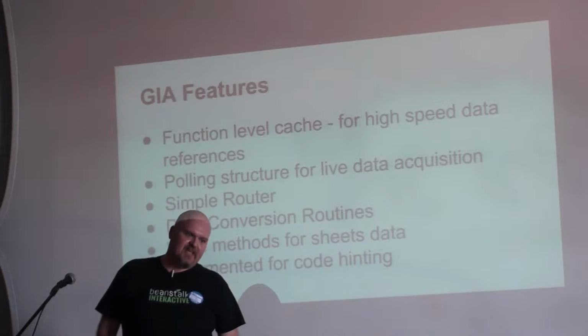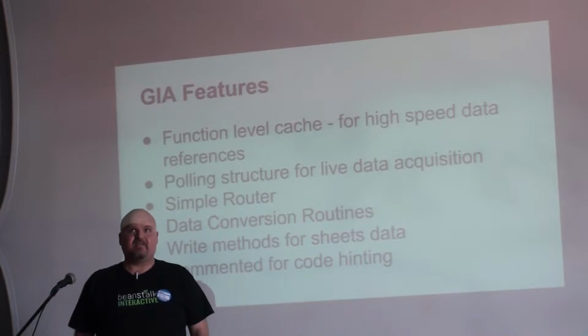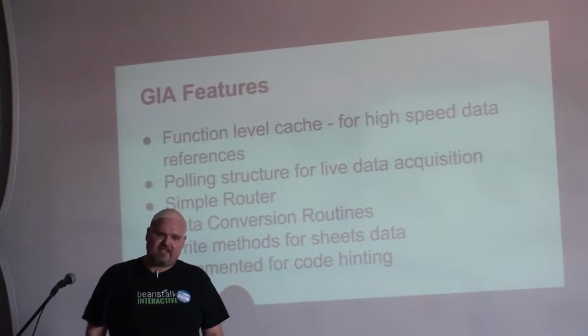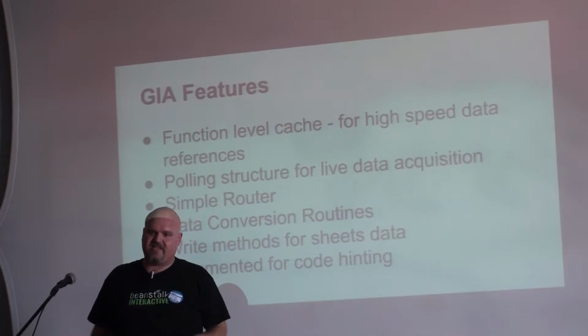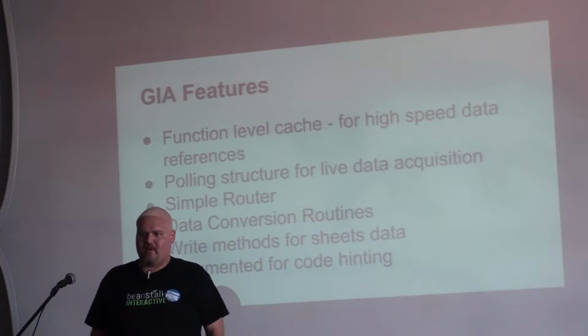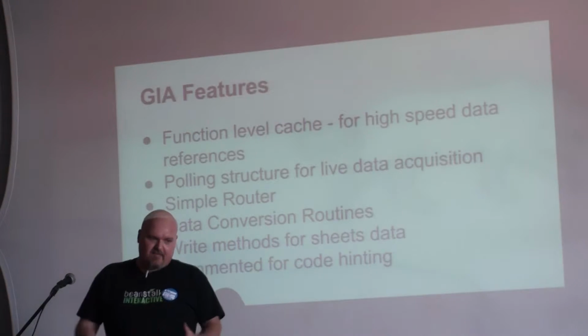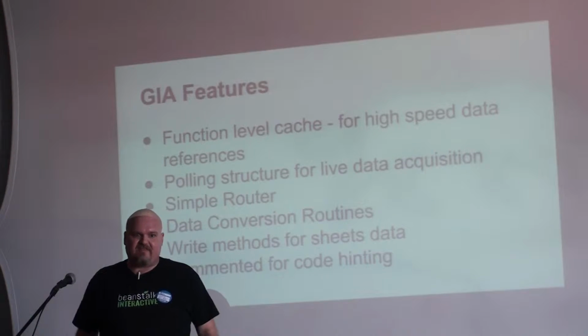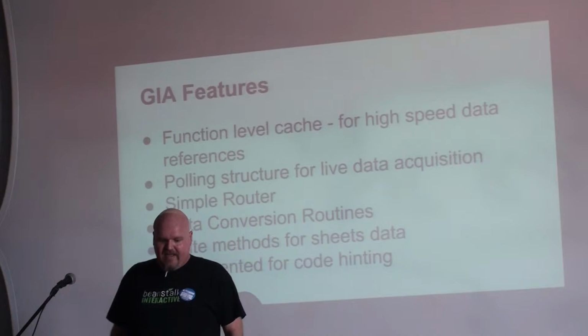This is because I'm a lazy programmer, and many times I will, in my data model, invoke the listing of data, and then start making modifications to it, and then invoke the listing of data again and again and again. That's poor programming, and I can't count on everybody being a better programmer than me. So I added the function level cache to keep everything fast, even when you're doing it poorly.